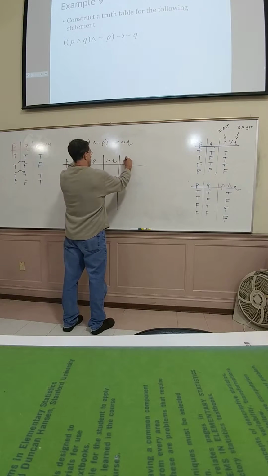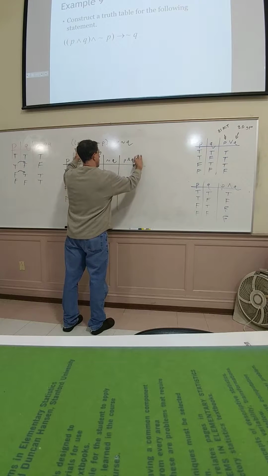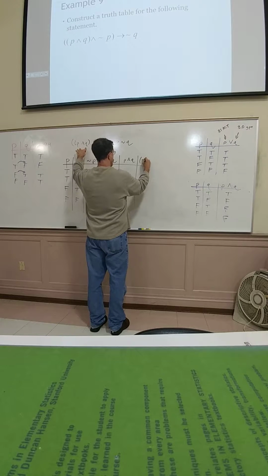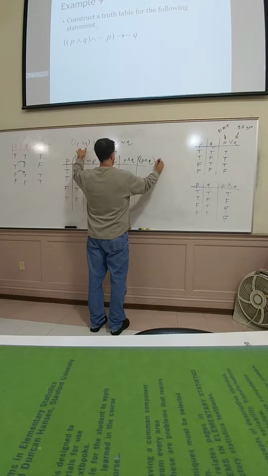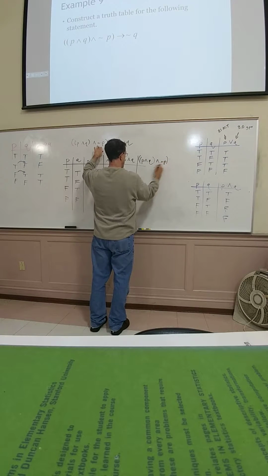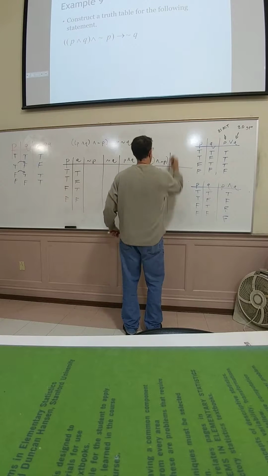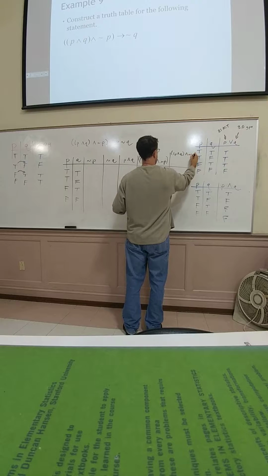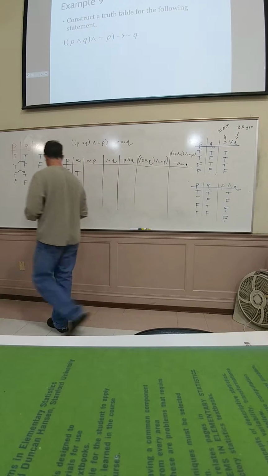Then we can do the inner parentheses. And then we're actually ready to do the outer parentheses, because we will at that point know what negate P is. And then we'll do the entire statement, if I can squeeze it in here, going to negate Q.